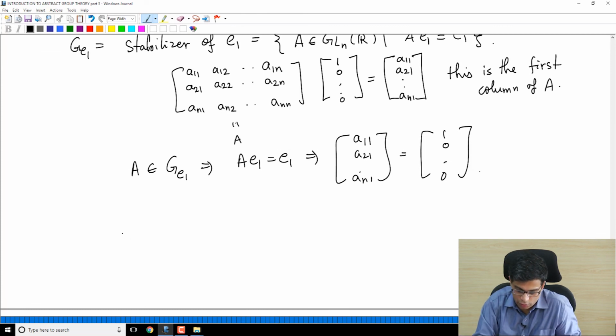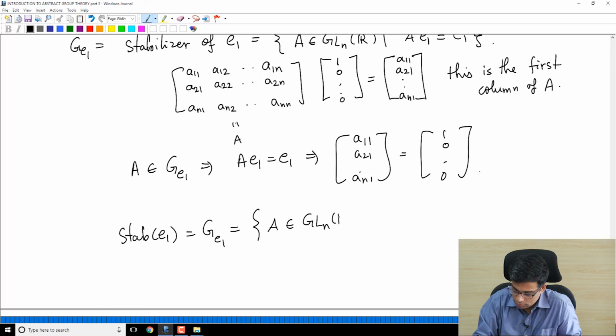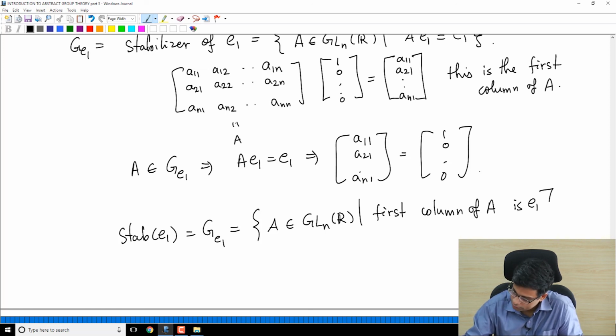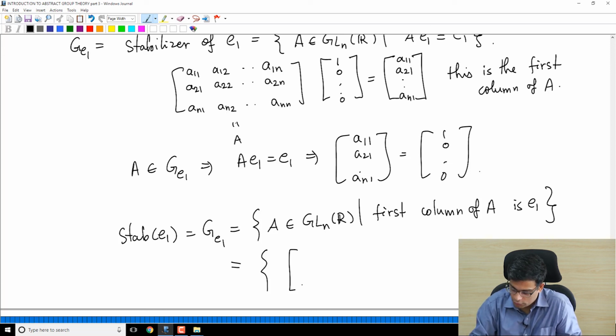So the stabilizer of e1, or G_e1, is matrices such that the first column of A is e1. More clearly, it would be all matrices of this form: the first column will be e1 and the rest is anything.